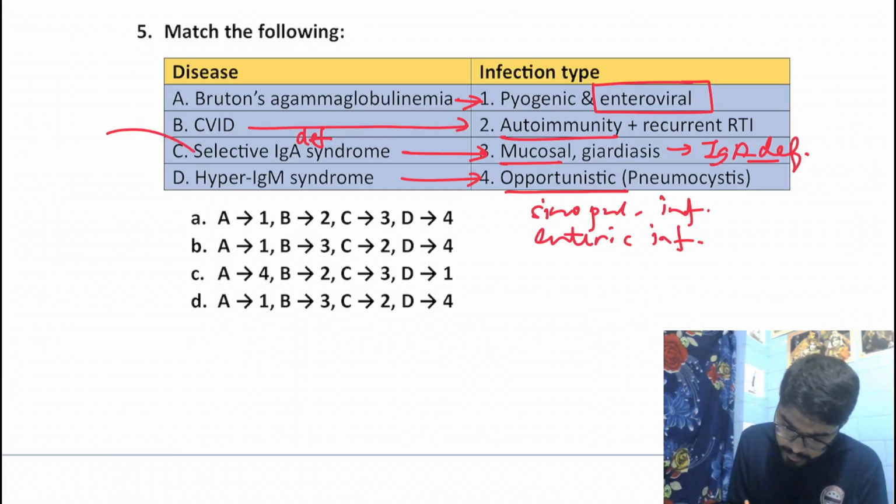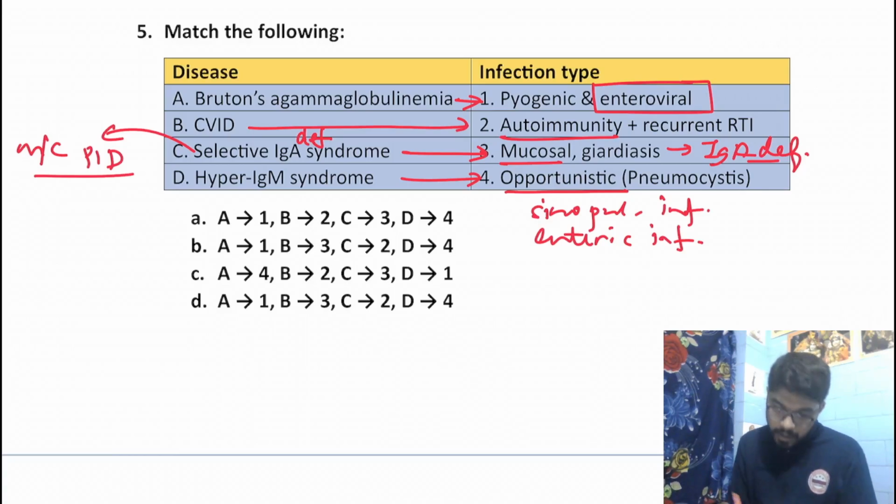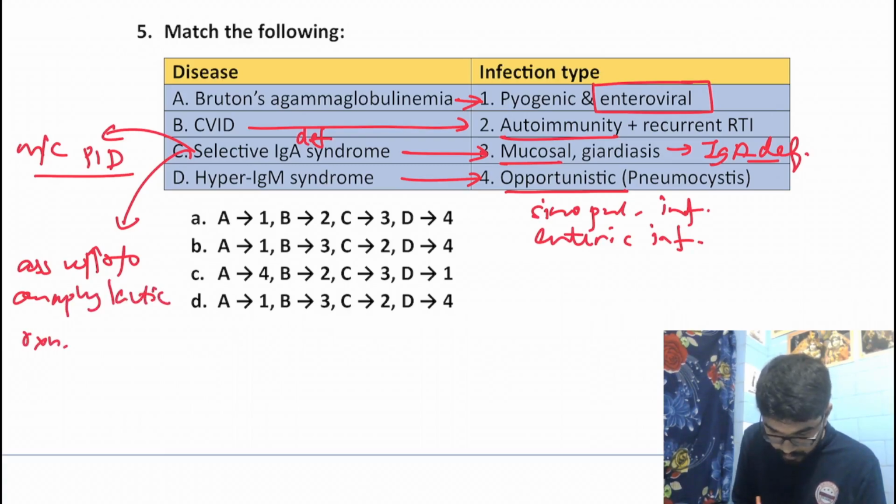Certain important things regarding selective IgA deficiency syndrome. Remember the fact that it is the most common primary immunodeficiency syndrome that is seen. And another important fact is that it is associated with an increased risk of anaphylactic reactions during blood transfusion.